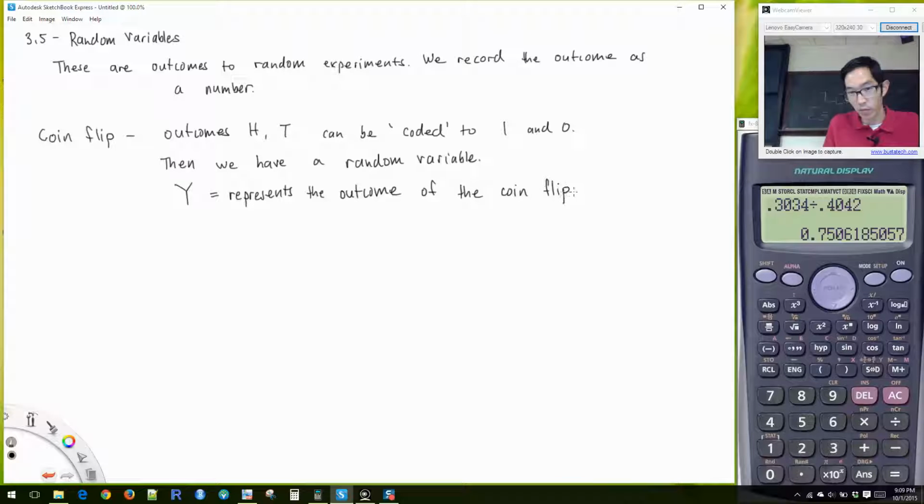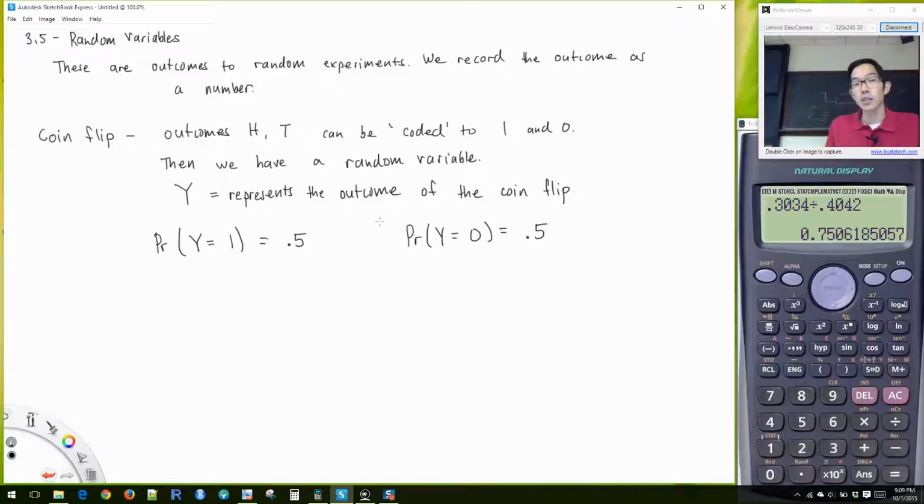And we would write statements like the probability that Y ends up 1 is equal to what? 0.5, right? And we would say the probability that Y ends up as 0 is 0.5.